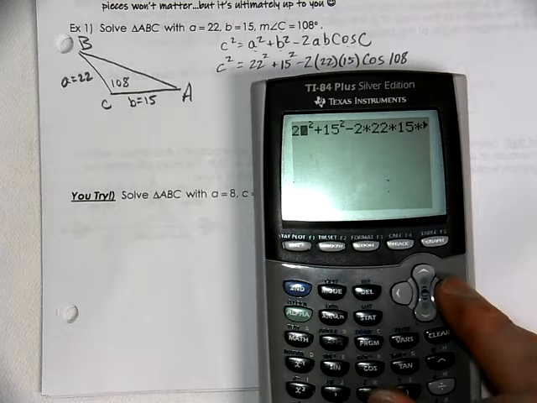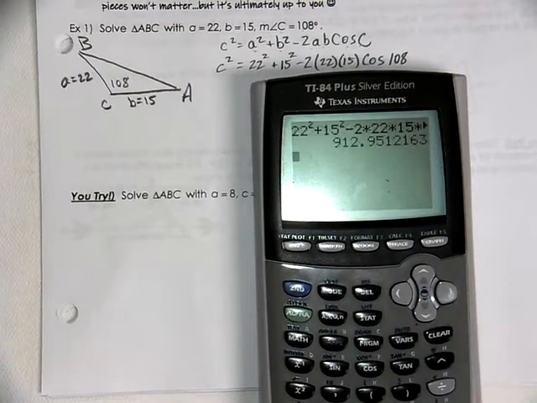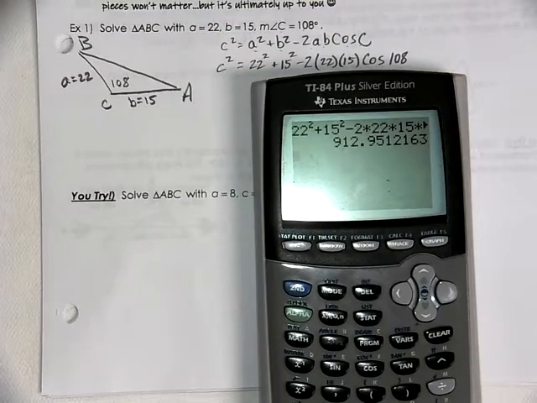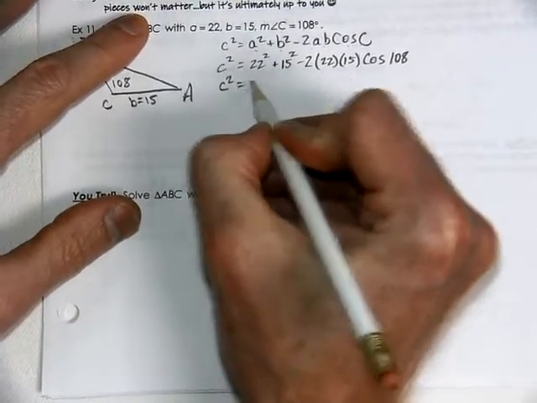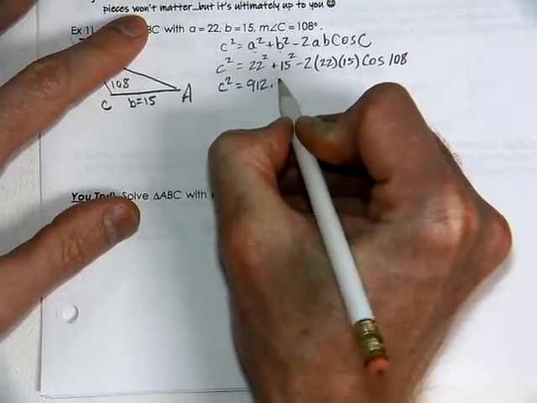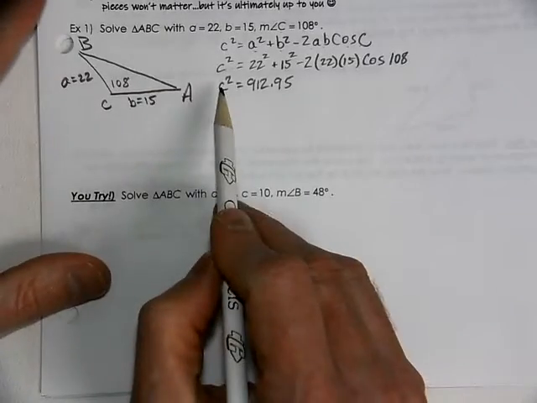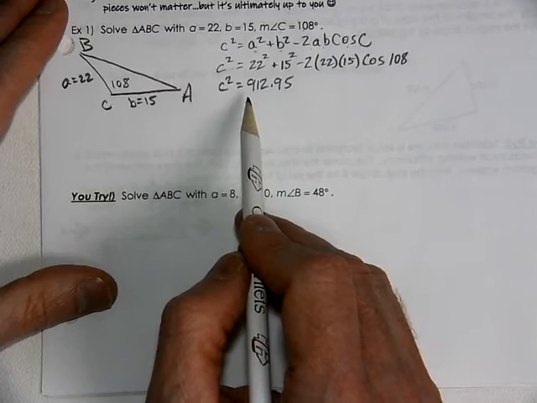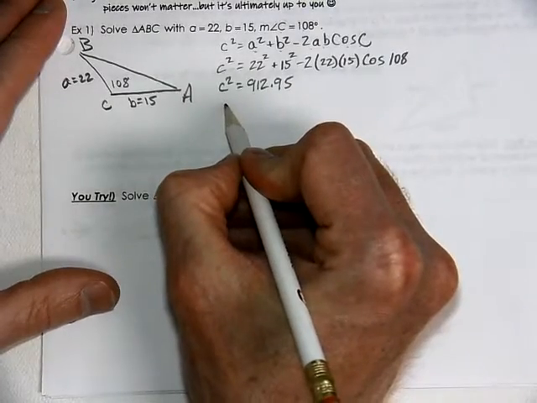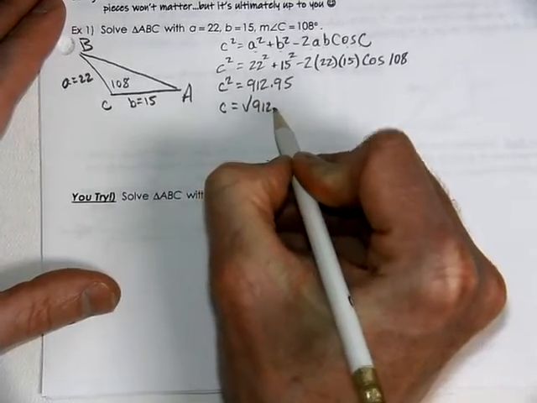And you type in all your information, and we get 912.95. So C squared is going to equal 912.95. So of course this is C squared. We don't want C times C. We need to have just the length of C. So we need to do the square root of 912.95.